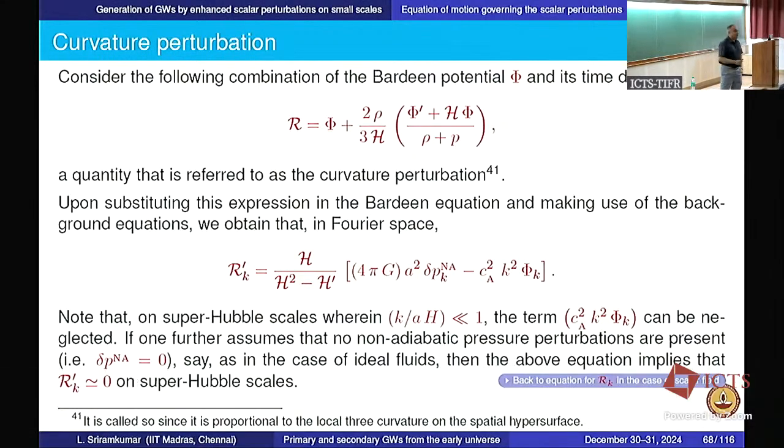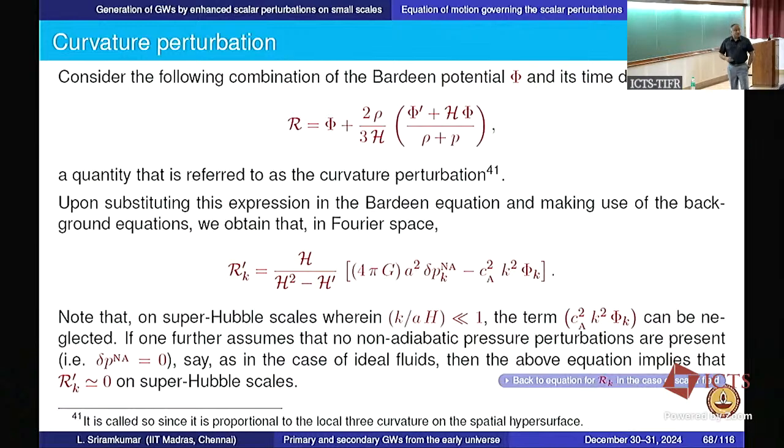Why is it called the curvature perturbation? Well, remember, we are working in a spatially flat FLRW universe. What this curvature perturbation essentially reflects is deviation from flatness, okay? The 3-curvature will be related to this curvature perturbation. So you can differentiate this quantity, use the Bardeen equation, and arrive at this equation governing R_k prime.